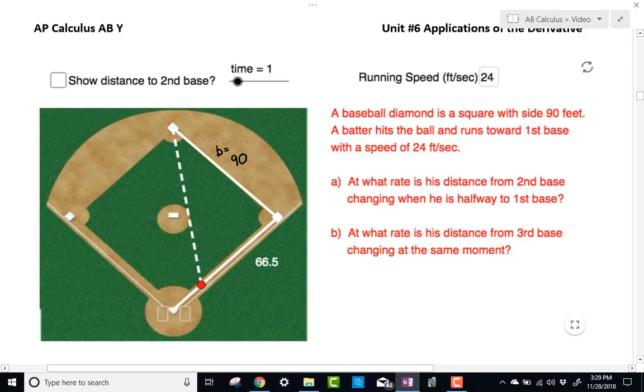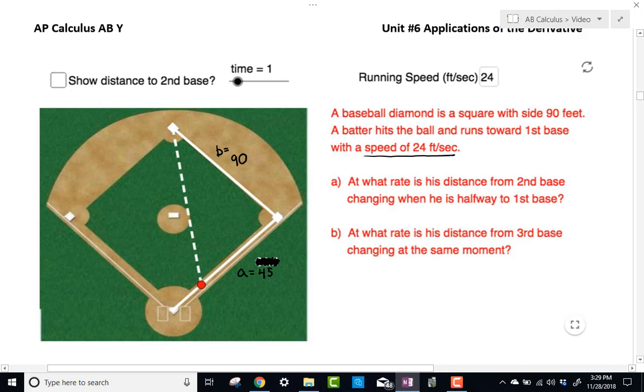So I'm going to call that B equals 90 feet. We'll call this A. We want to know when A is equal to 45 feet. That's halfway there. Okay? And the information given in the paragraph says that the batter is running with a speed of 24 feet per second.